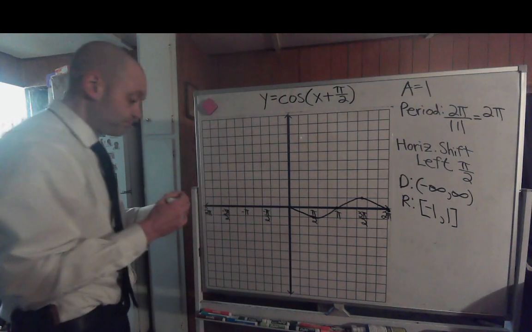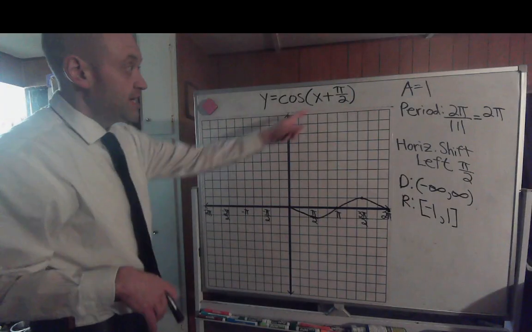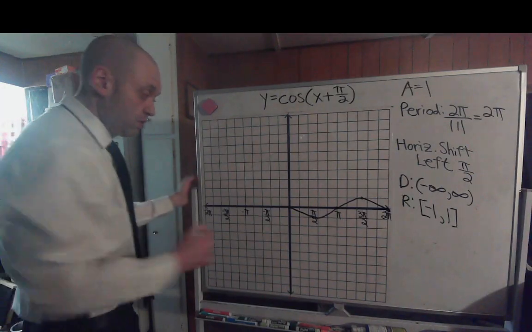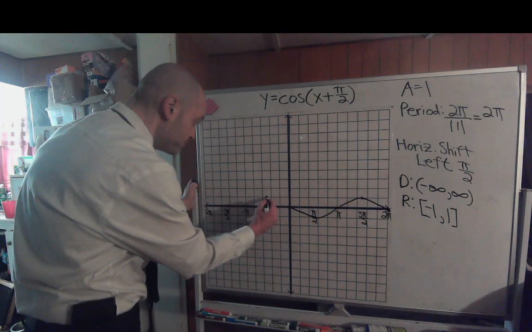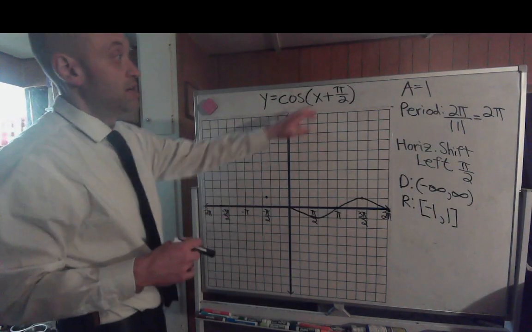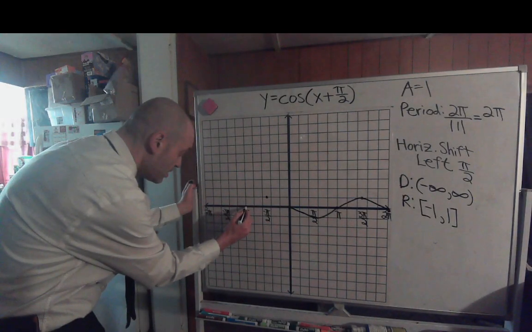Alright, now let's go to the left. What if we put in -pi over 2 for x? This would become like the cosine of 0, which would give you 1, right? Now, what if I put in -pi? That would become like the cosine of -pi over 2, which would be 0.